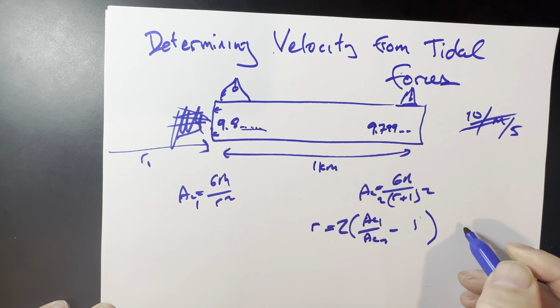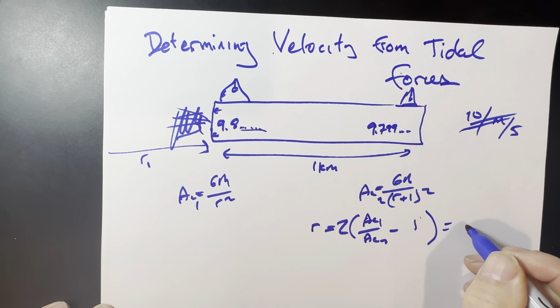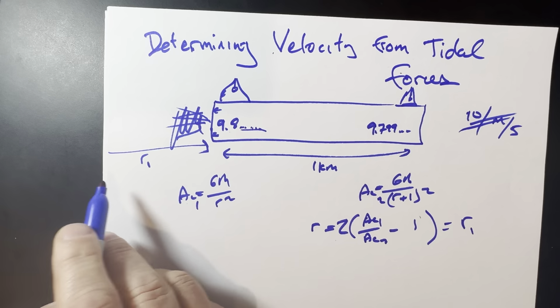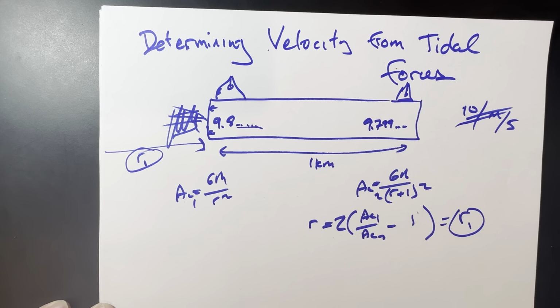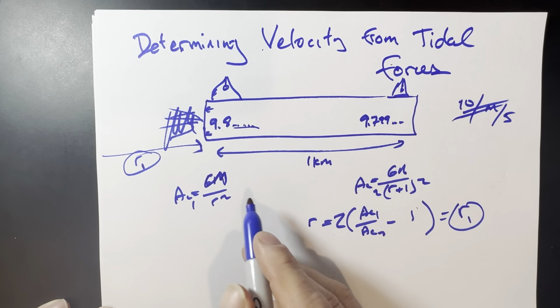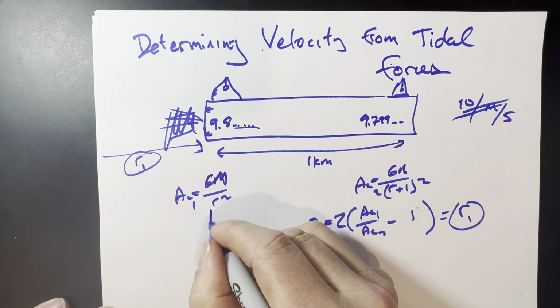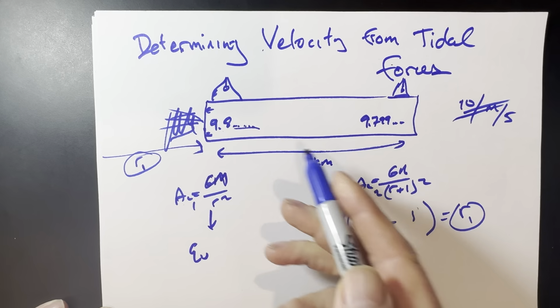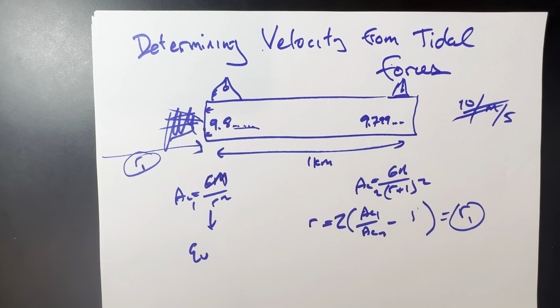And this gives you the radius of the planet, this R1 value over here. Or you can use the R1 to calculate the GM and then use that to calculate escape velocity, which would essentially be how fast you're going.